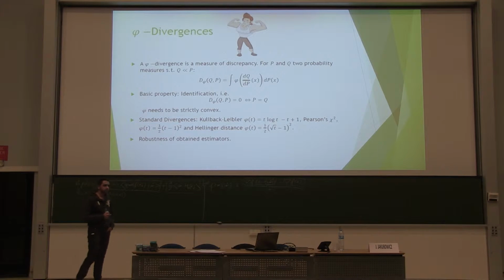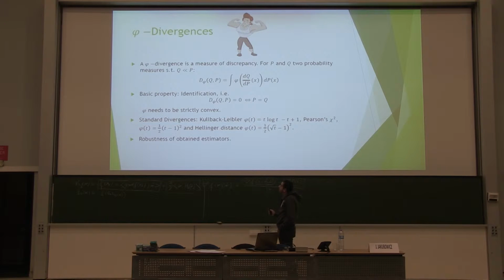Many standard phi divergences belong to this family of divergences, such as the Kullback-Leibler divergence, the modified Kullback-Leibler divergence, Pearson's chi-square, the Hellinger distance, and others for a specific choice of function phi. All these phi divergences belong to the well-known class of functions called the Cressie-Read class of functions.